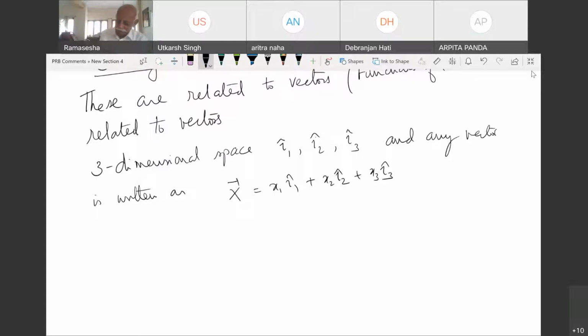So what I can do is plot the value of component I versus I by n, where n is the dimensionality of the space.